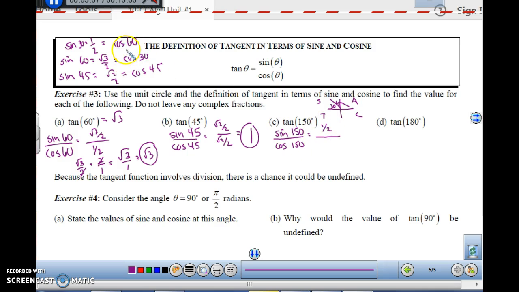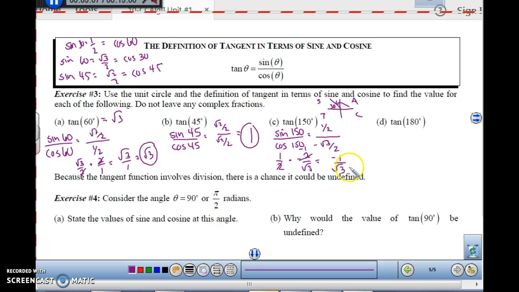And then cosine of 30 would be square root of 3 over 2, but we're in the second quadrant, so it would be negative square root of 3 over 2. All right, so if I divide this by this, I'm going to multiply by the reciprocal. It's 1/2 times negative 2 over the square root of 3, which will be, these will cancel, leaving negative 1 over the square root of 3.